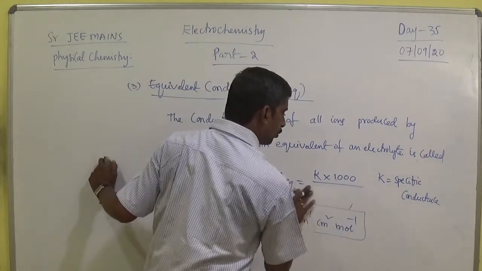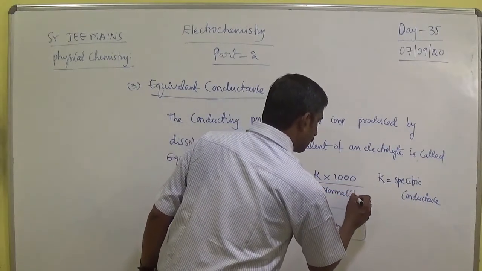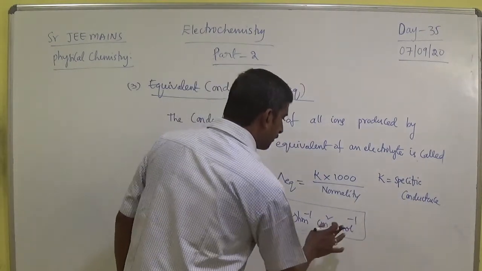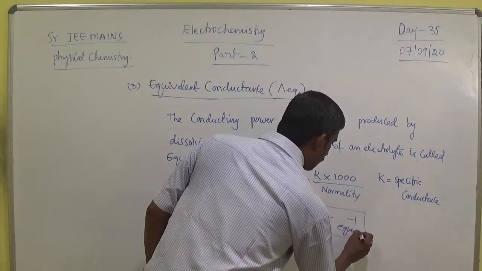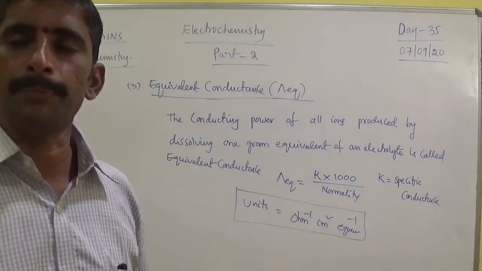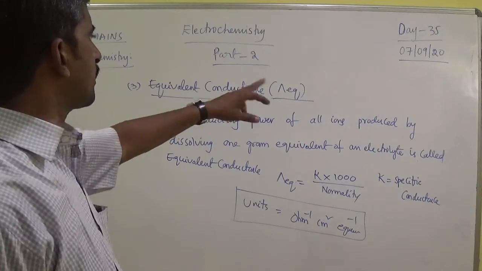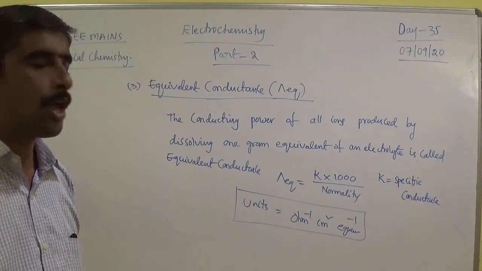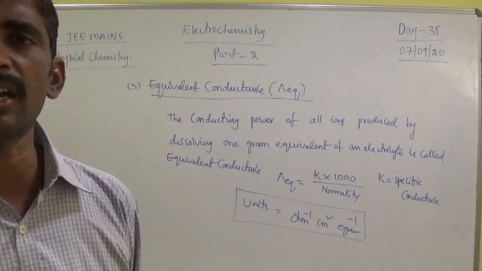K into 1000 by normality. Here the units are ohm inverse centimeter square equivalent inverse. Same concept, with molarity replaced by normality. Equivalent conductance is the conducting power of all ions produced by dissolving 1 gram equivalent of an electrolyte.